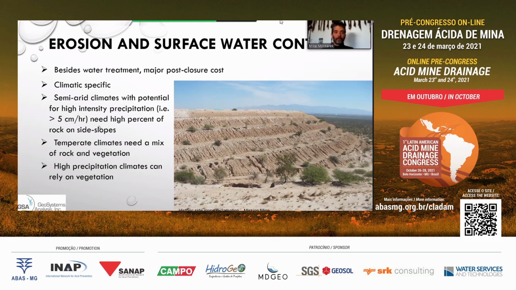Now, just in general, on side slopes, it's important to have what we call erosion resistance. In this case, most semi-arid climates need some type of gravel in the side slope material to reduce the erosion. With temperate climates, you can use a mix of rock and vegetation.